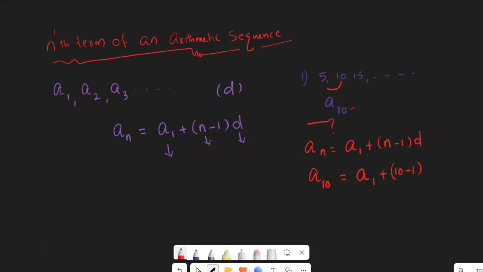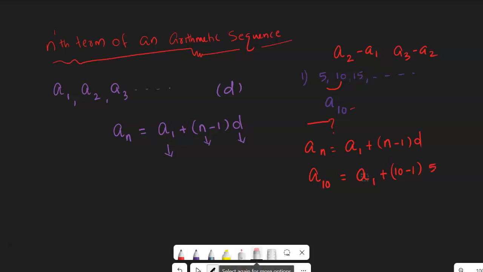Here it is 10 minus 5. For an arithmetic sequence, the common difference can always be calculated by a2 minus a1, or a3 minus a2, like that. So here the common difference is 10 minus 5, that is 5.